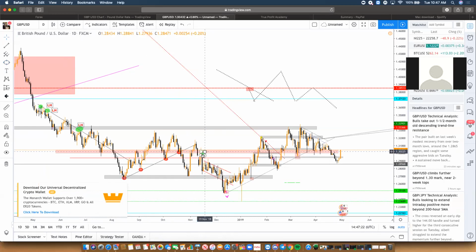Once it retested that price, my first take profit is the support of this first touch of the highest low point. My second take profit is the support of this touch. So here's my candle. Look, the candle went all the way down to here, and then it started retracing. Make sense? And this is on the daily candle.